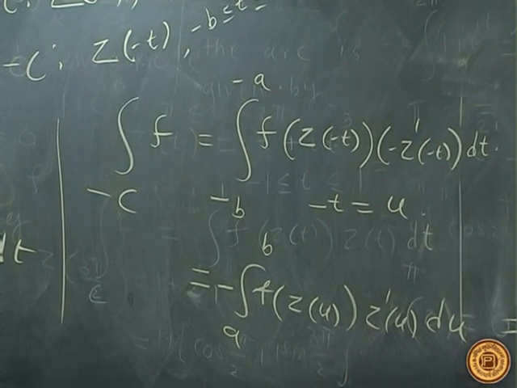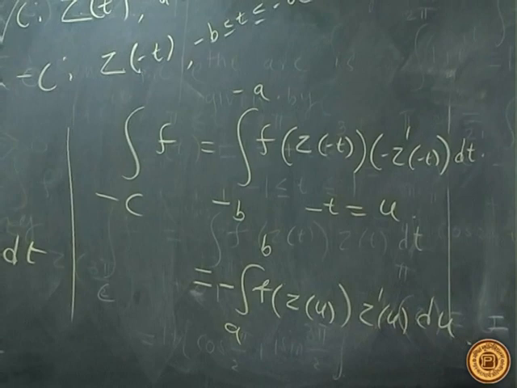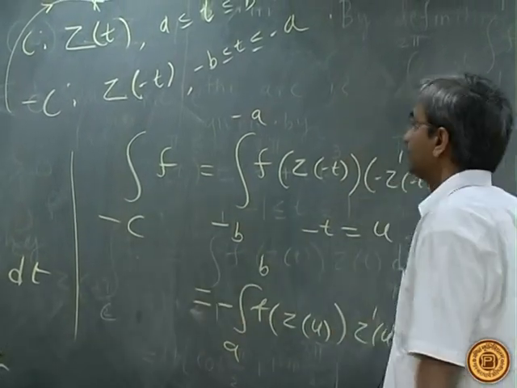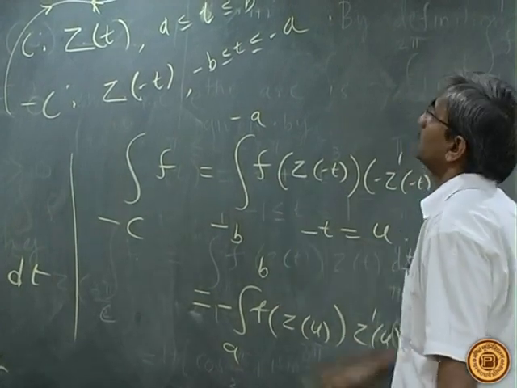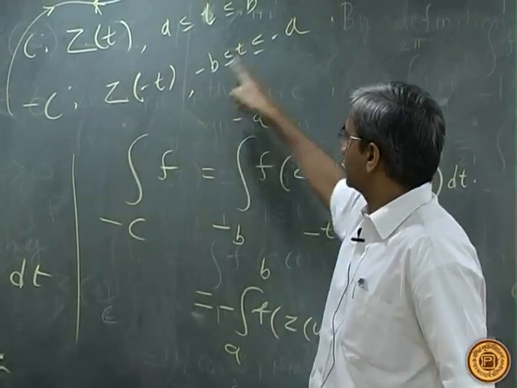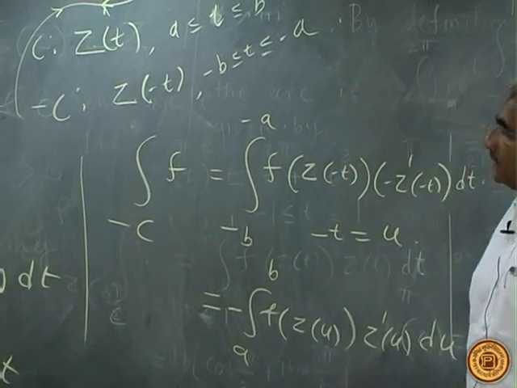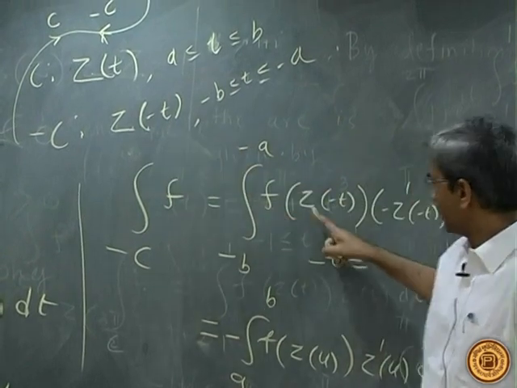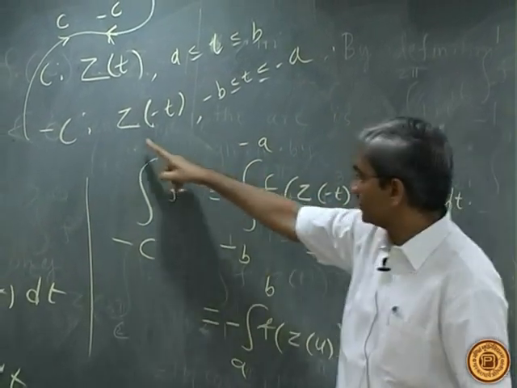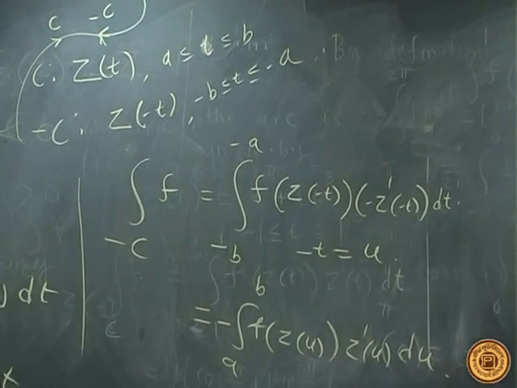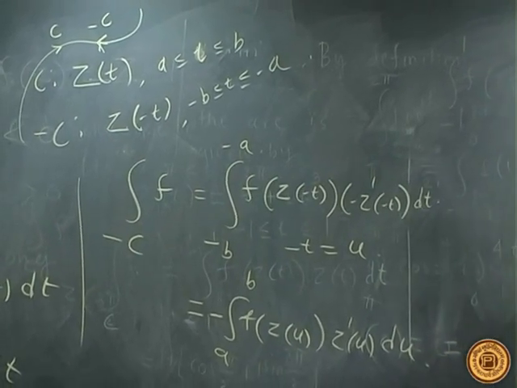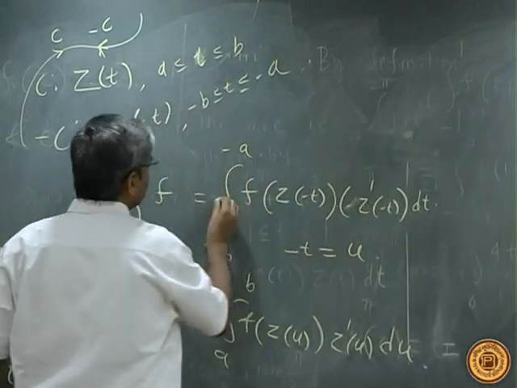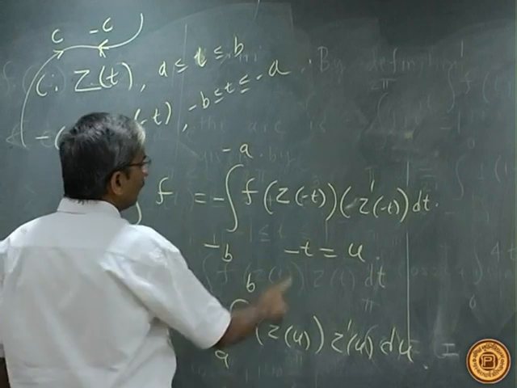Shall I tell you this again? The integral over minus c is from -b to -a, because the parameter interval of minus c is -b to -a. The definition is f at the points of the curve, so f(z(-t)) into the derivative, that is z'(-t) into -1, dt. So this minus sign comes out. Now put -t equal to u.